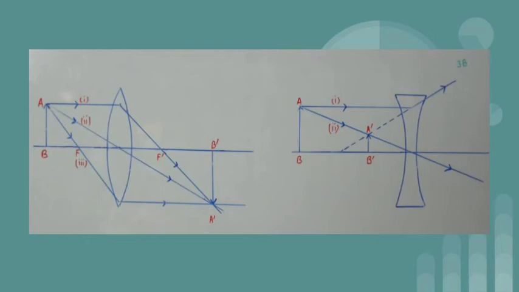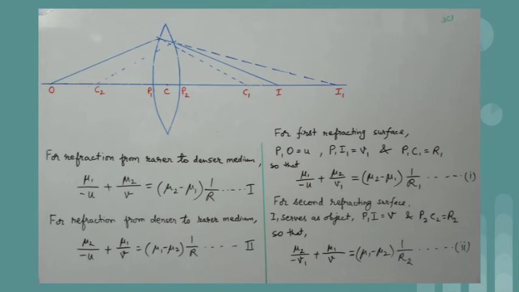Now to derive the lens maker's formula, we can consider the image formation by a double convex lens in two steps. As shown in the diagram, first image I1 is formed by the first refracting surface, and for that the object distance P1O is equal to u, image distance P1I1 is equal to v1, and radius of curvature P1C1 is equal to r1. Sign convention is already applied in the formula.